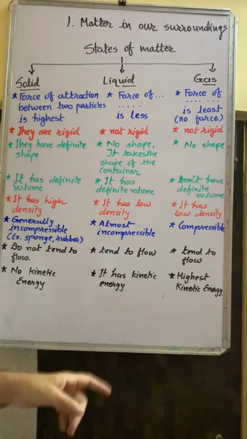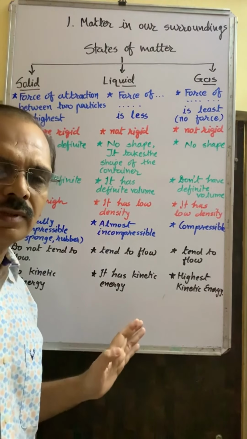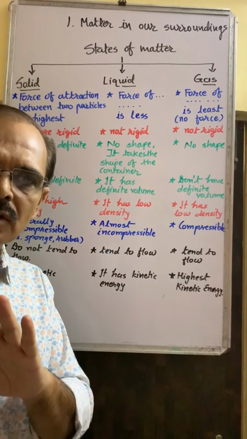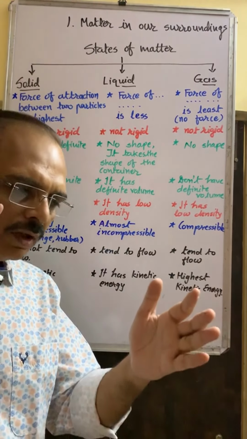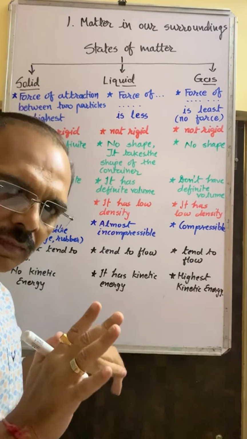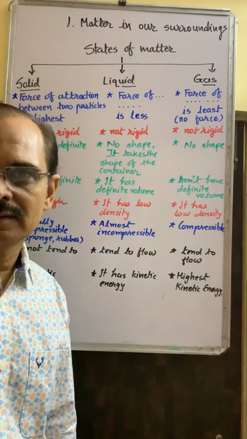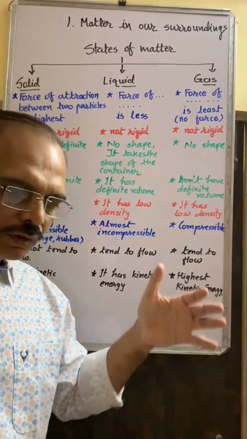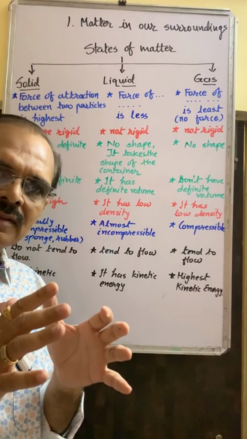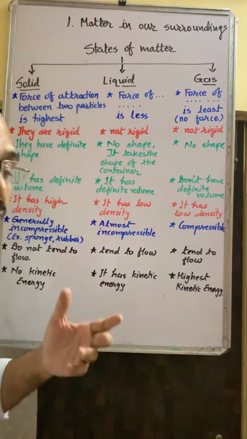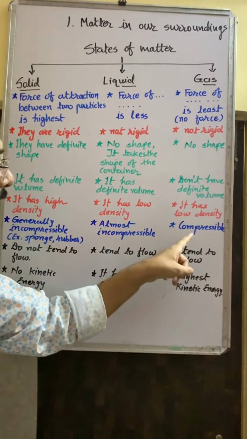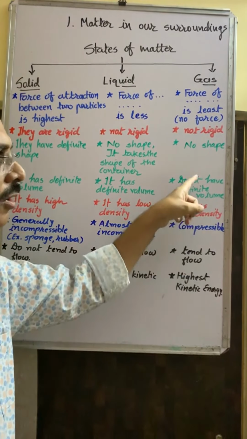Okay? It is almost incompressible. Liquid is also not compressible because if you compress from one side, it can come out from the other. And gas is compressible. Simply a balloon, you can compress it. Remember this thing: compressibility depends on volume.